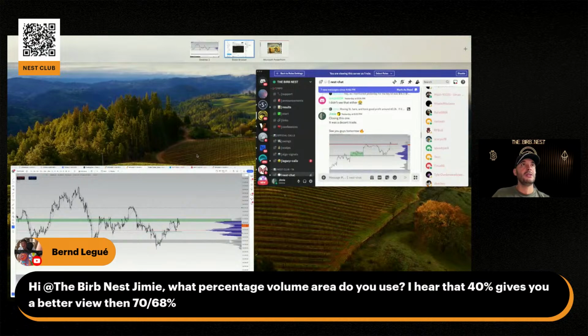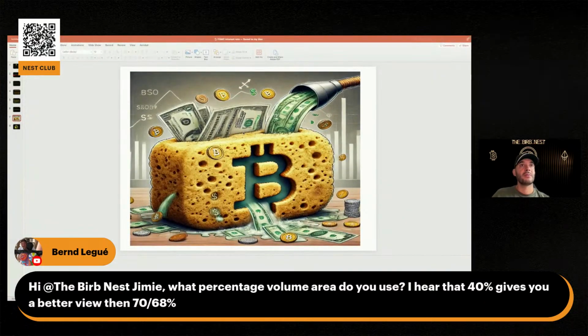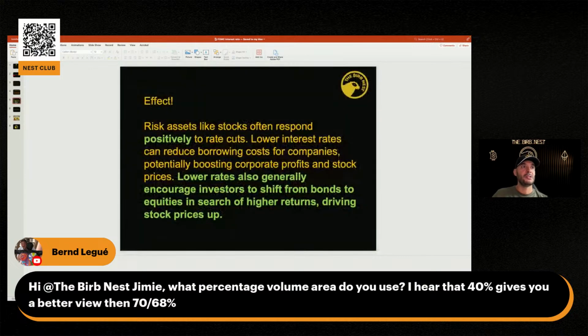The only thing you need to remember for today is this: Bitcoin is a liquidity sponge, a very big liquidity sponge. Quantitative easing means injection into the financial system, lowering the interest rates. Cutting the interest rates has a long-term positive effect, mainly because it will encourage bond investors to shift from bonds into equities.